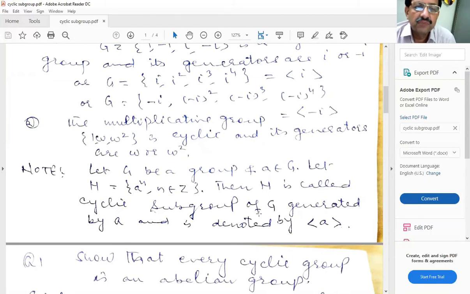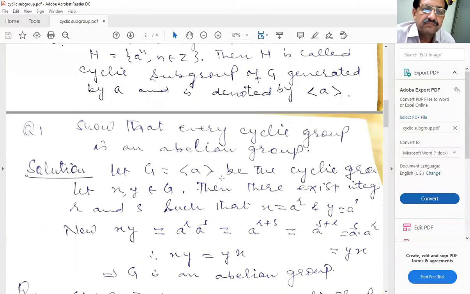That means every element, say x of H, can be written as a raised to power n. a is some element of group G, and every element x of H can be written as some power of a, where n is an integer, then H is called a cyclic subgroup of G generated by a.